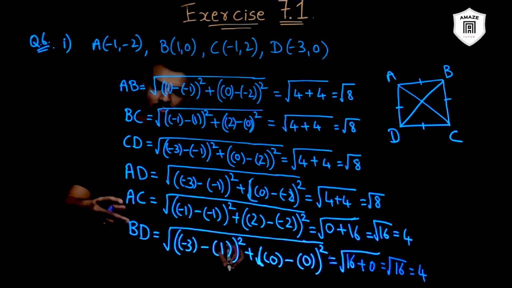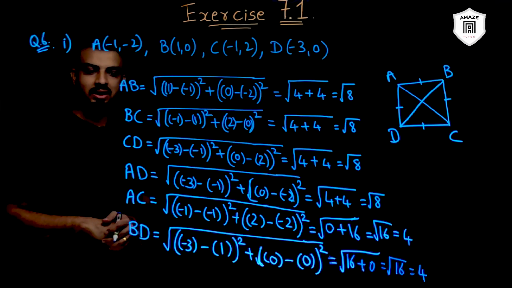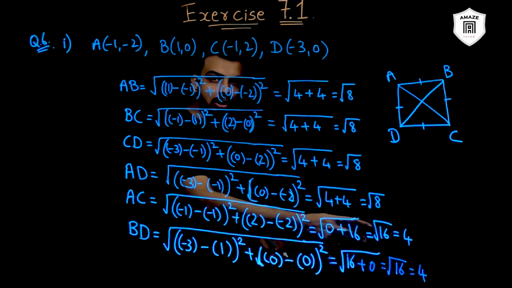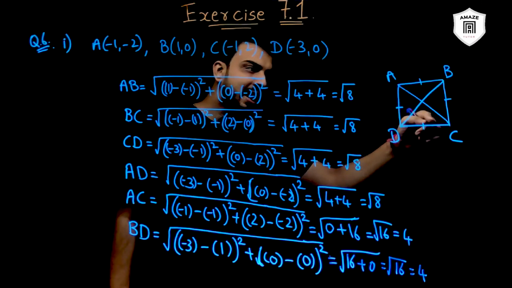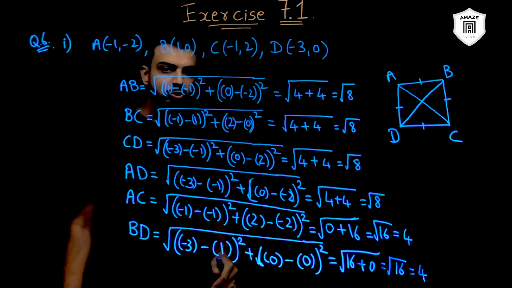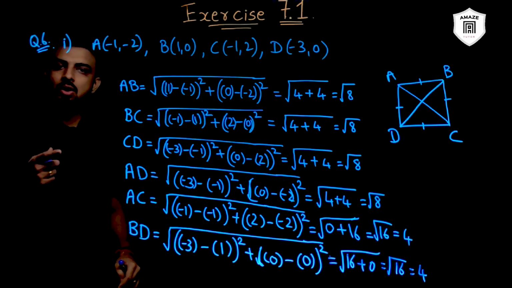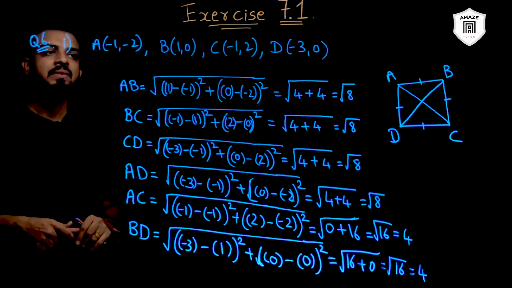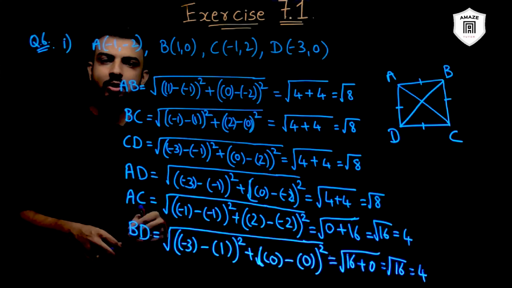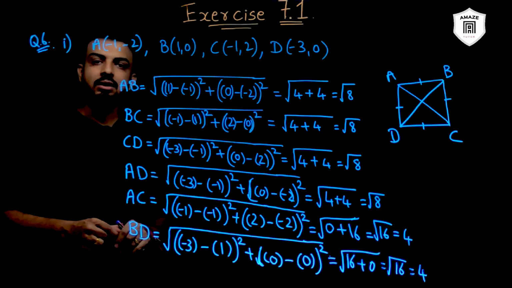Now look at the lengths of the diagonals, AC and BD. They are the same. So that means all four sides are equal as well as the diagonals are also equal. So that is only one quadrilateral which is a square. So with these points the quadrilateral formed is a square.